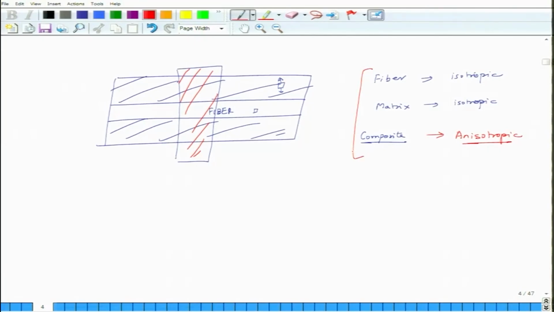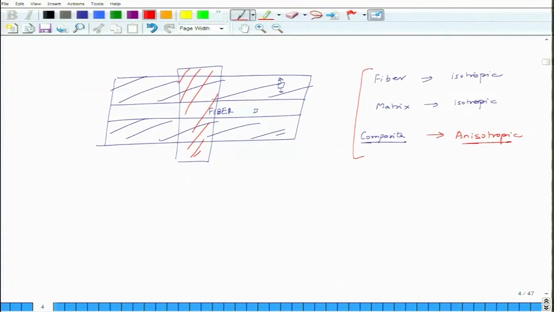So, individual constituents could be isotropic, but the composite could be anisotropic because you are now testing not at a micro level, but at a macro level. If you test the material at a macro level, you will find it is anisotropic. The same material, if you test it at micro level, you will find that it is isotropic, because when you test it at micro level, you will either have fiber or you will have matrix, and if both these materials are isotropic, then you will get results of isotropy.